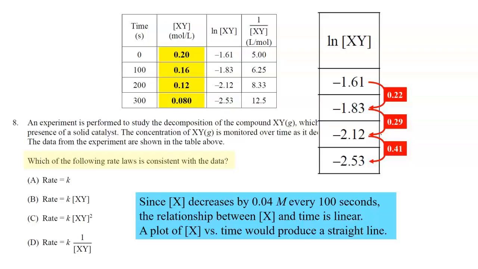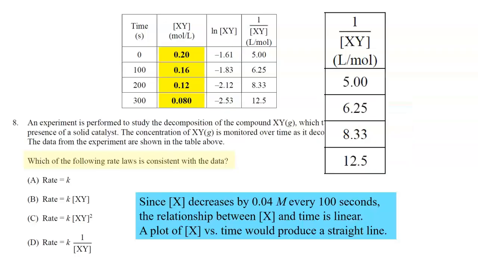And then over on the other column, which is 1 over concentration of XY, let's take a look at how those values are changing. I see an increase of 1.25, I see an increase of 2.08, and I see an increase of 4.17. So definitely not a linear relationship for that column of data.